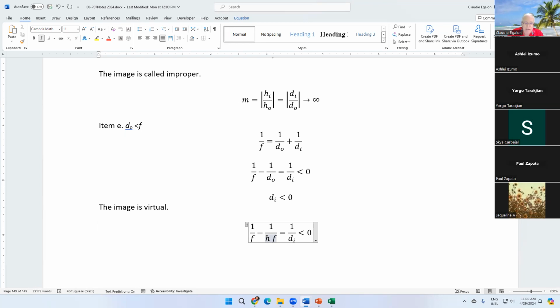Like that, where H is less than 1. D naught is less than F, so we can express that in terms of this parameter H, that's a number less than 1, greater than 0, right?